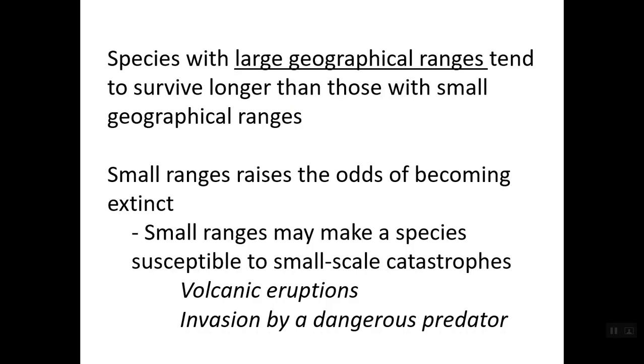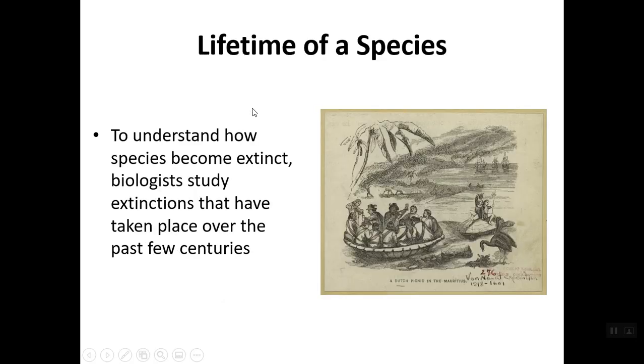You can understand this is logical, because of course, if you occupy a very small geographical area and a disaster happens, for instance a volcanic eruption or the invasion by a predator, then the species that occupies a very narrow geographical area can go extinct very easily. Okay, so that's what generally happens.